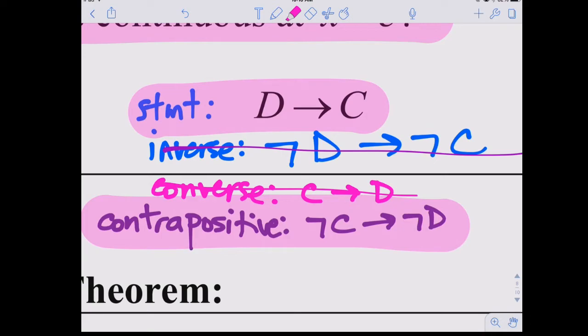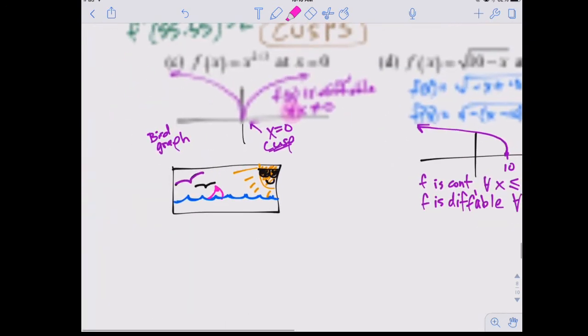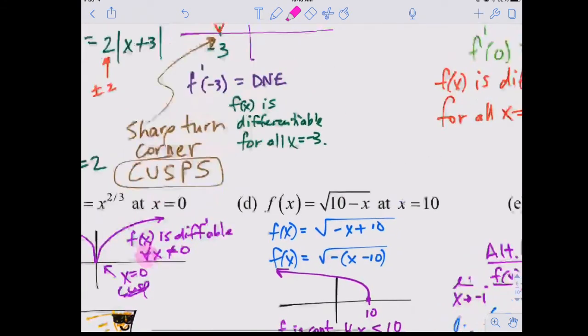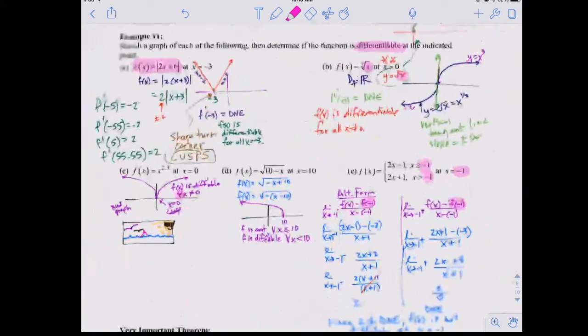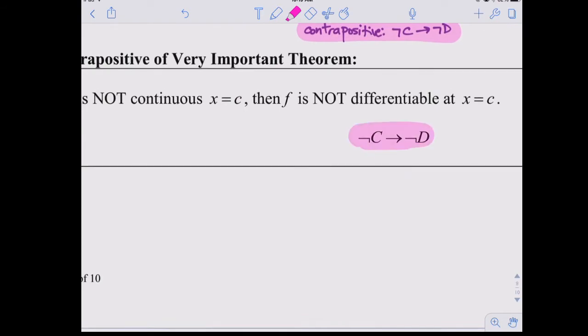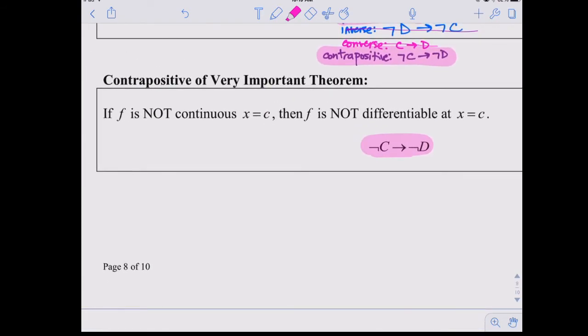Now, the contrapositive is super important because, as we've already noticed, if continuity is a prerequisite for differentiability, then we can spot places that aren't differentiable more than just looking for a cusp, more than just looking for a vertical tangent, right? In fact, if it's not continuous, it's not going to be differentiable. So we could spot that very, very quickly. So here's, again, the contrapositive of a very important theorem.